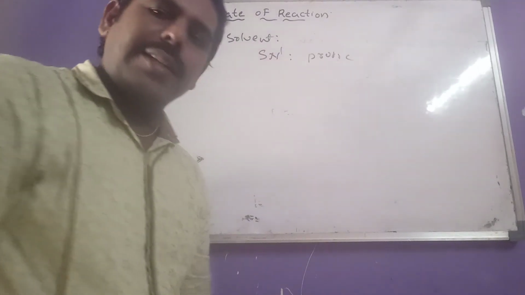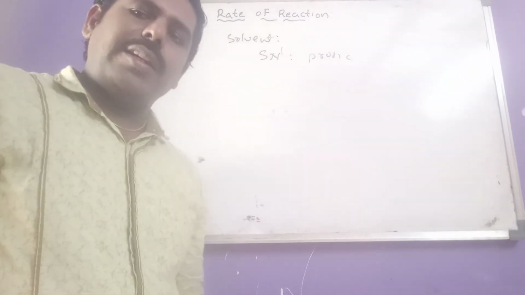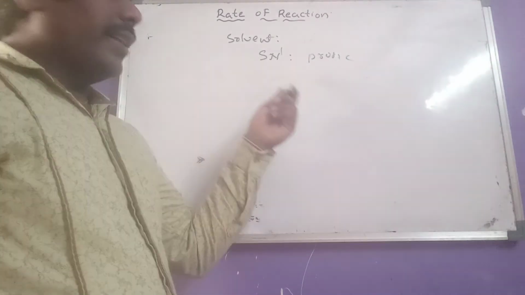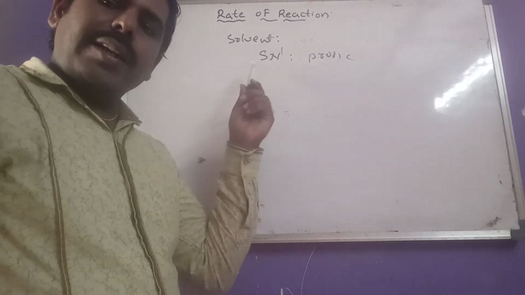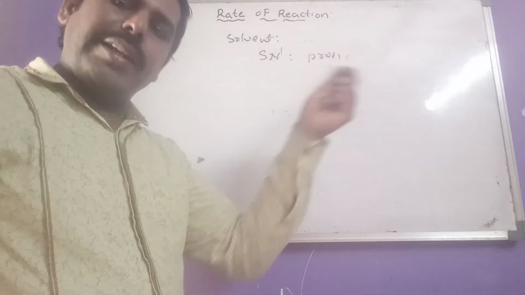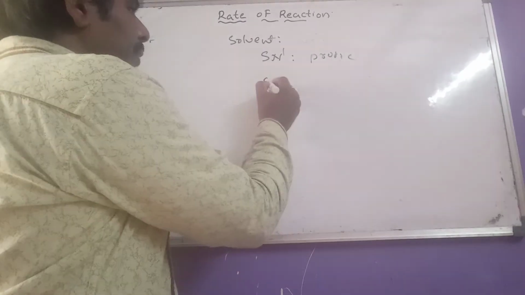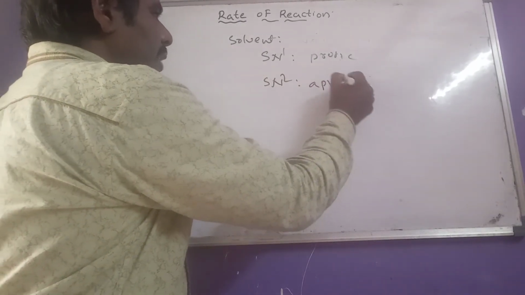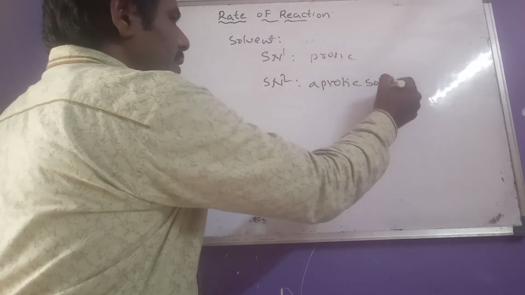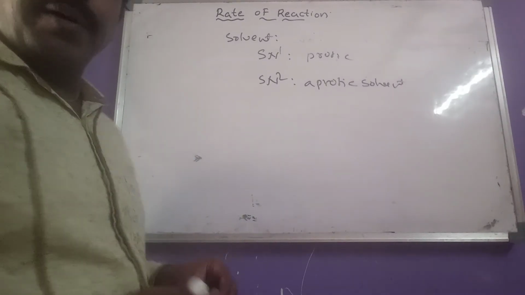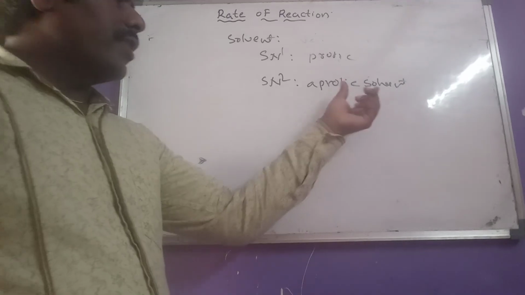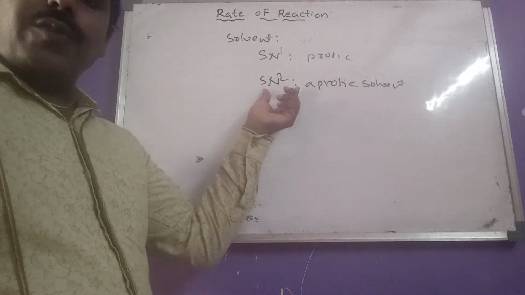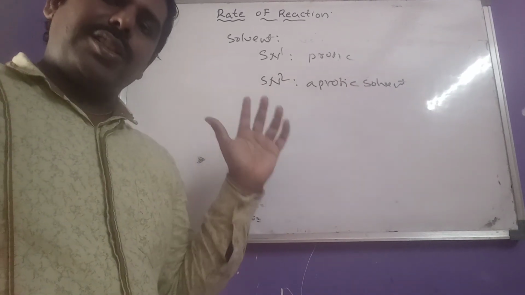That means protic solvents like water, alcohol, in their presence the rate of SN1 reaction increases, and SN2 reaction is favored in presence of aprotic solvents like CCl4, benzene, like that. Those solvents are favorable for the SN2 reaction.